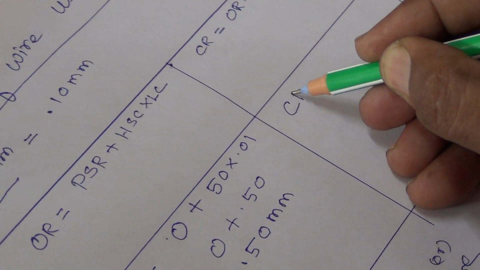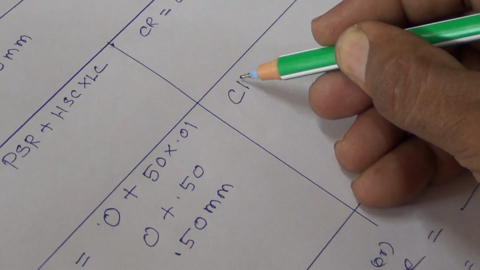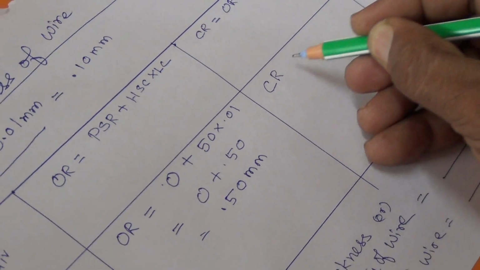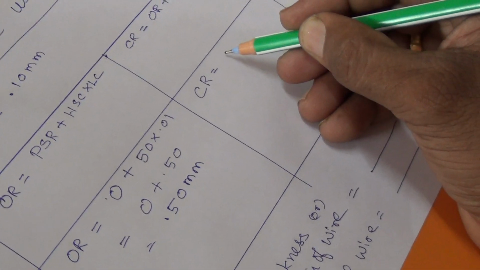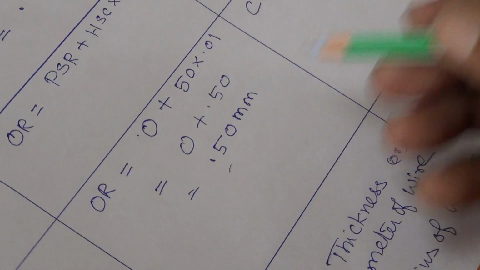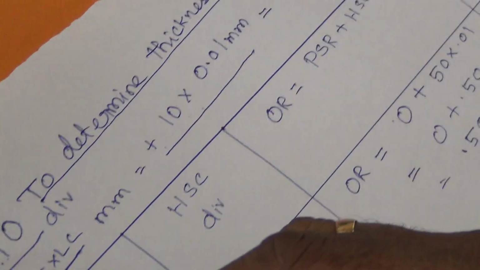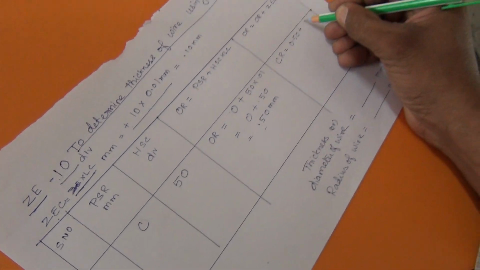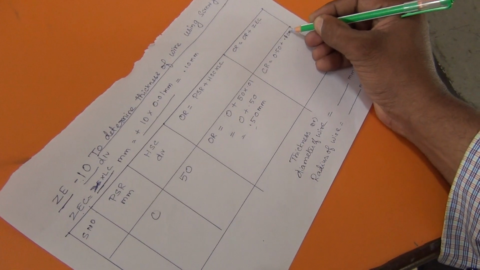So what is the correct reading? Because there is an error in the screw gauge, the error correction has to be put. That is what we are doing now. The correct reading is the observed reading, 0.5 millimeter, plus the zero error correction, 0.10 millimeter.